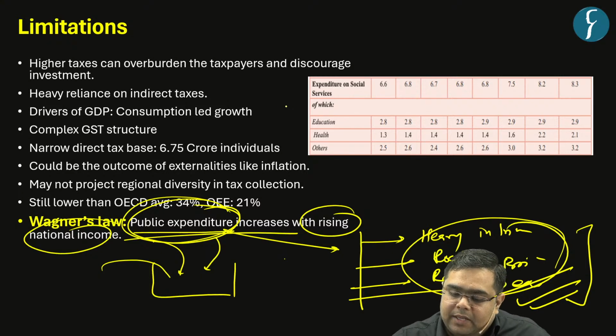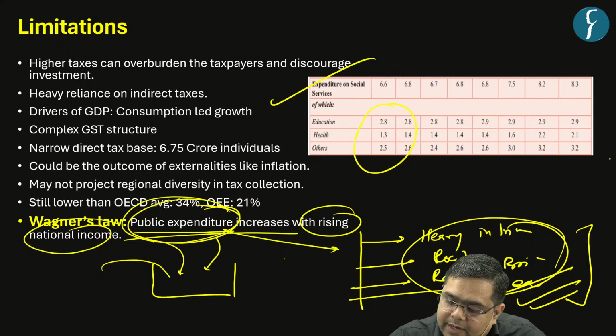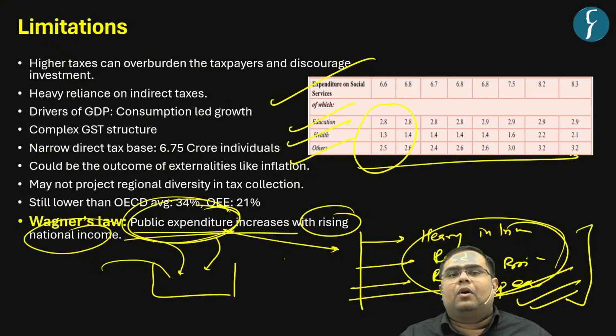But let us take a leaf from the Economic Survey: the indicators of social development, like education, health, and others, the investment on these has stagnated over the years.